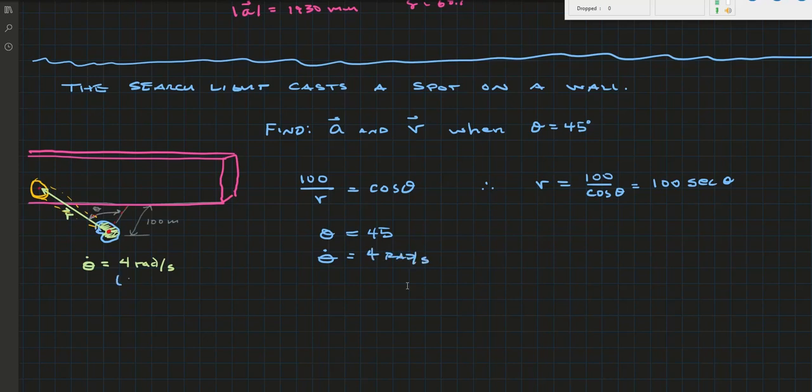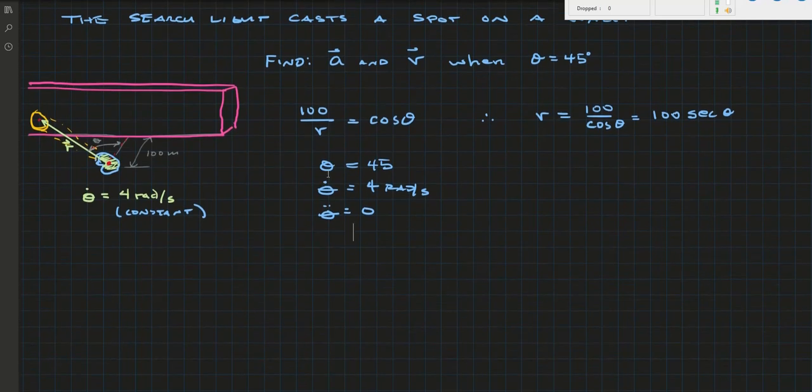I should write here that this is constant. So it's swiping back and forth with a constant angular rate, which means that what? Theta double dot equals 0. So that simplifies that. But with r, we have to actually solve for our rate equations.